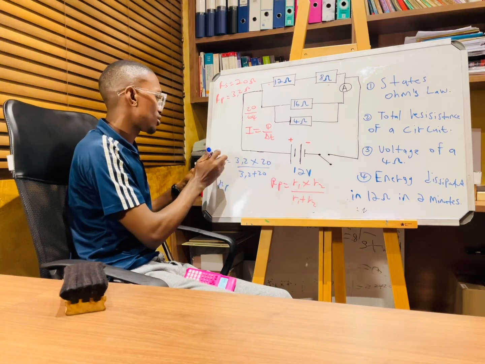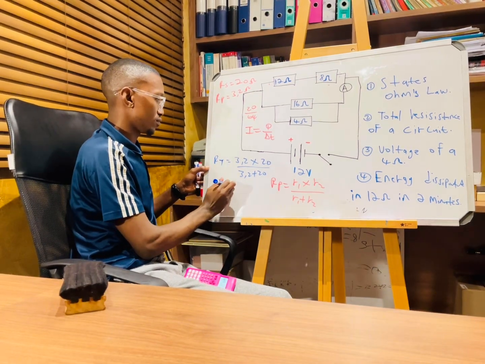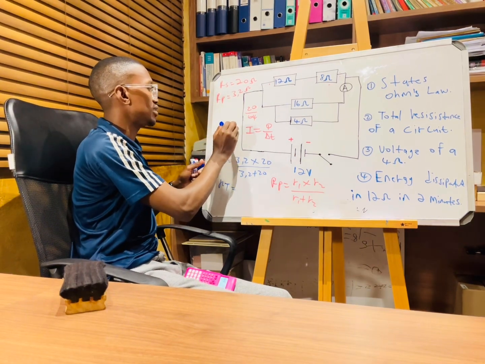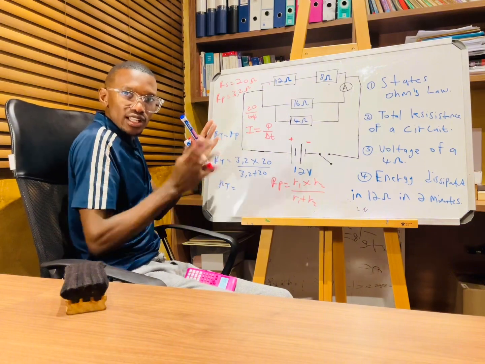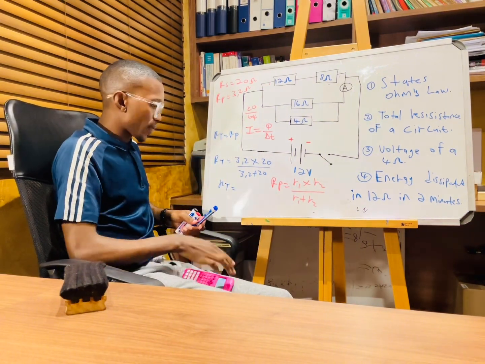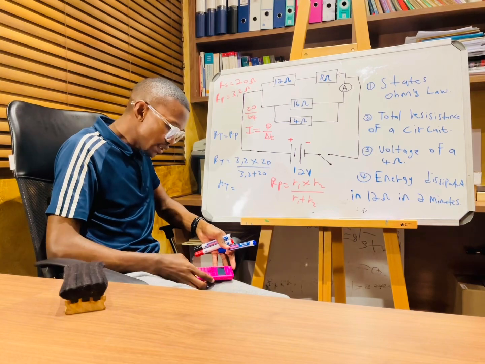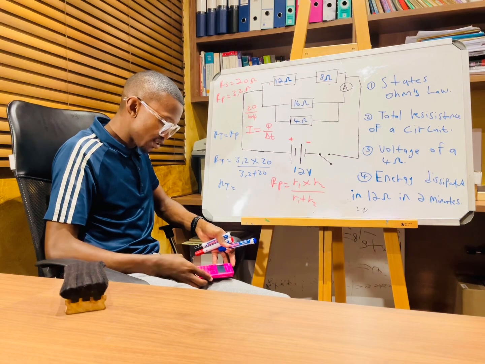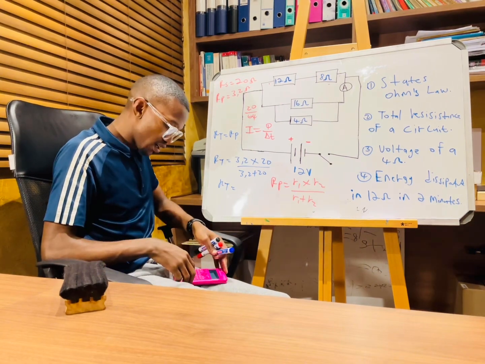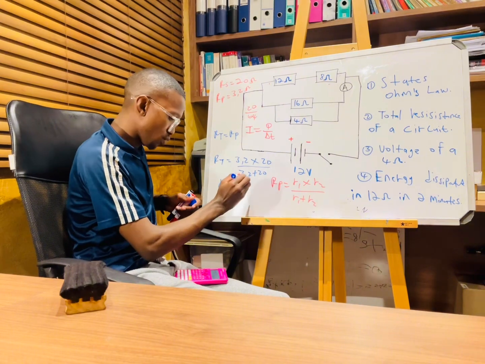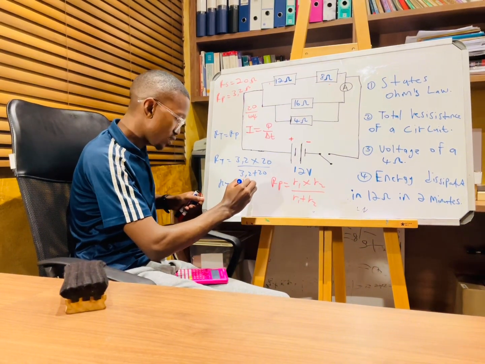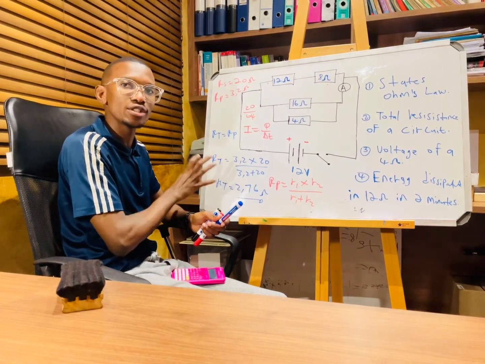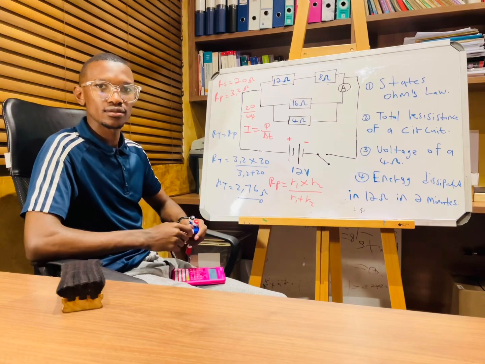So your R total equals my RP, because you saw that the circuit is in parallel. From there you get 80 over 29, which is basically 2.76 ohms. Guys, this is the total resistance of the circuit.